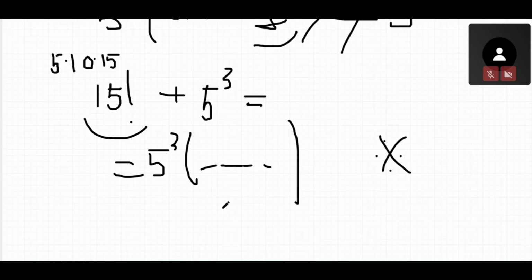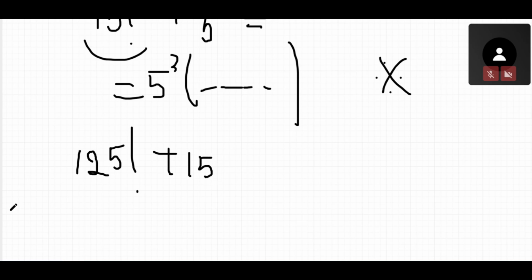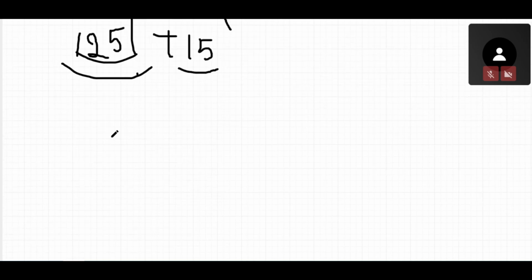And if we change the place, 125 factorial plus 15, there is only one 5 on one side, and there are many 5s on the other, and it will not be correct. Anything you write will be the same thing.